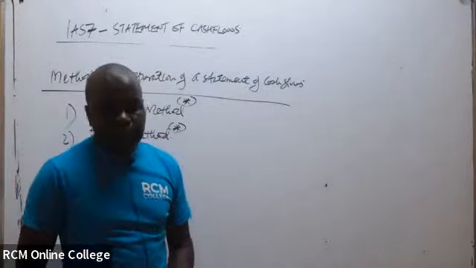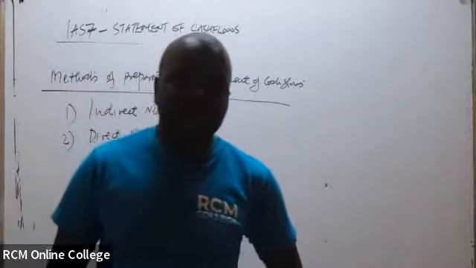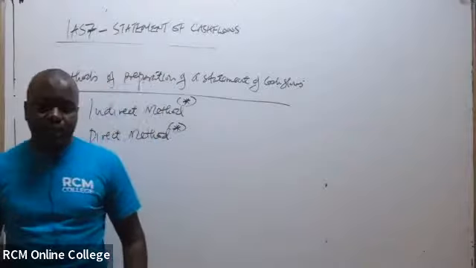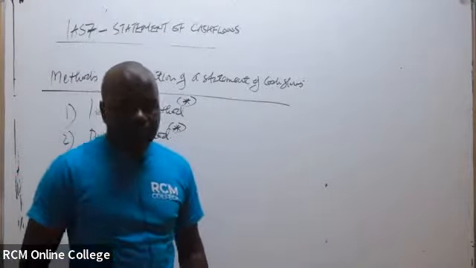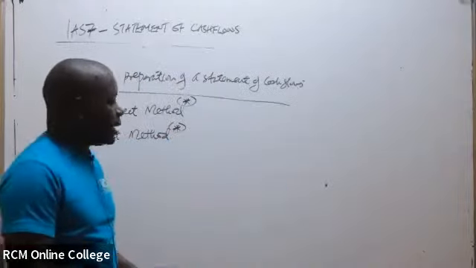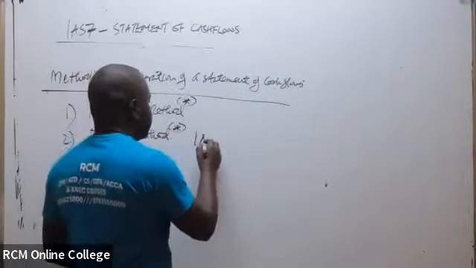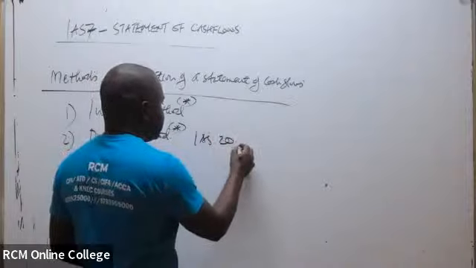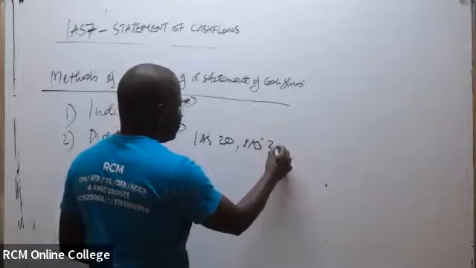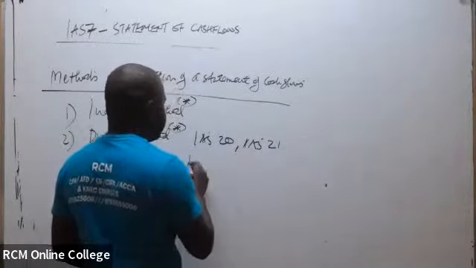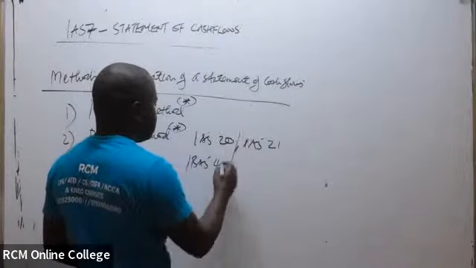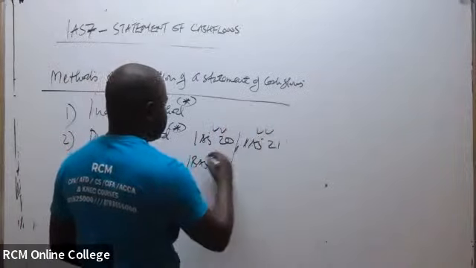Also take note that we had a class during lunch hour on Wednesday, for which I shared the notes. We looked at IAS 20, IAS 21, and IPSAS 4. So we looked at these three standards.